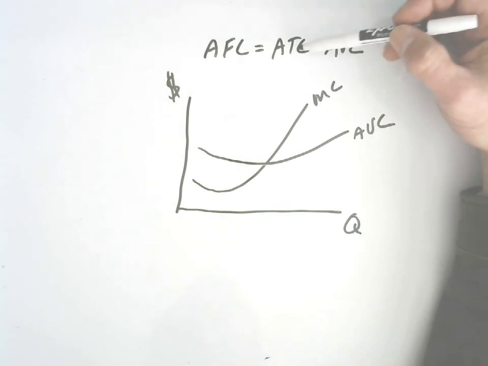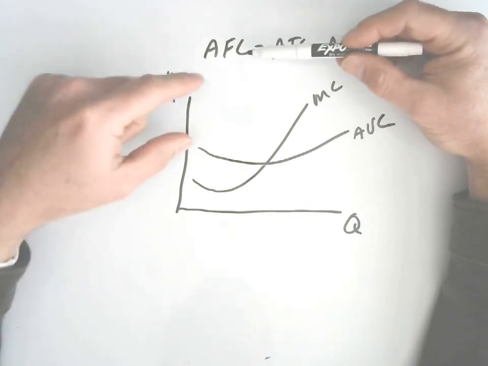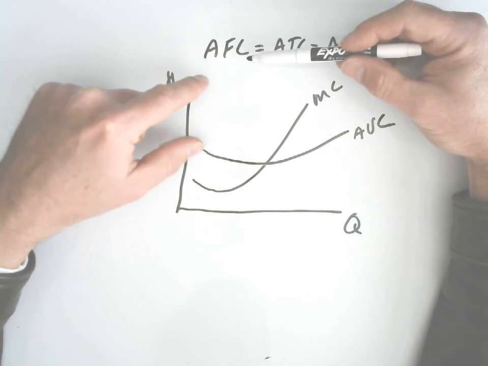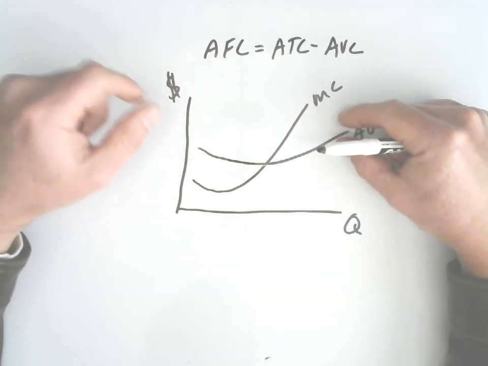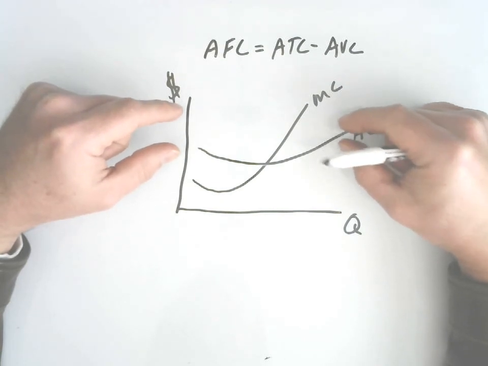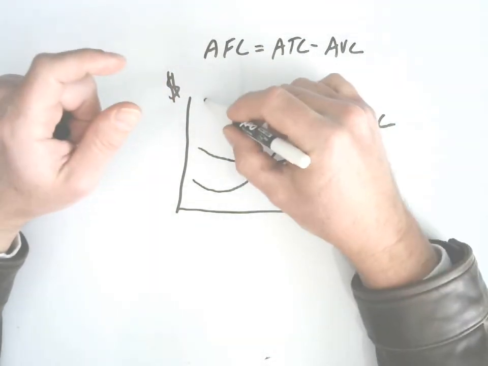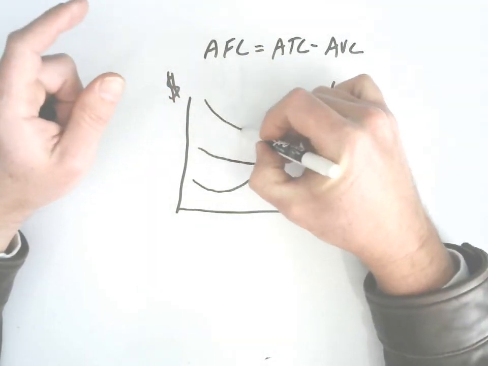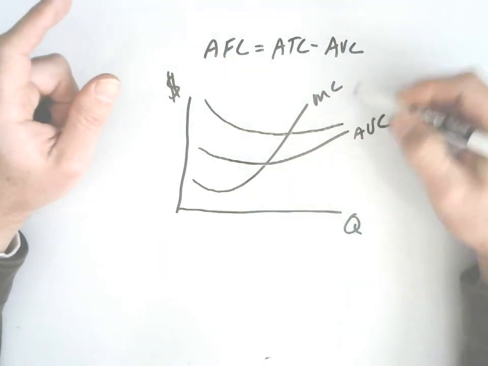What does the average total cost function look like? Average fixed cost, we know that dynamic. At low Q, average fixed cost is very large, and at high Q, average fixed cost is much smaller, and average fixed cost goes to zero as Q goes to infinity. In other words, the average total cost function will have a very similar dynamic to average variable cost.